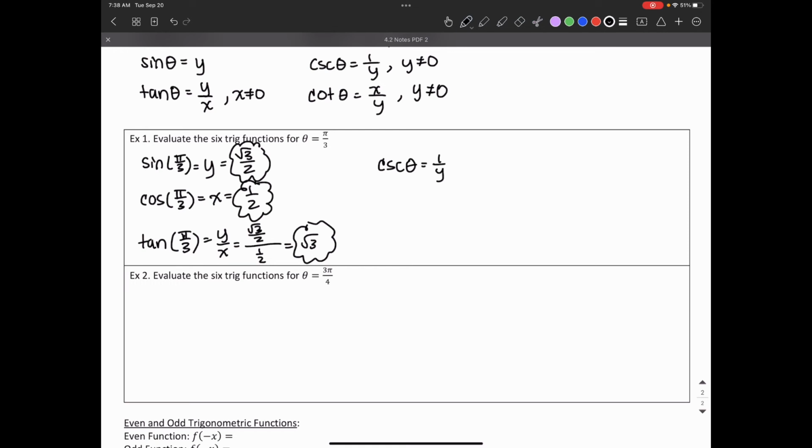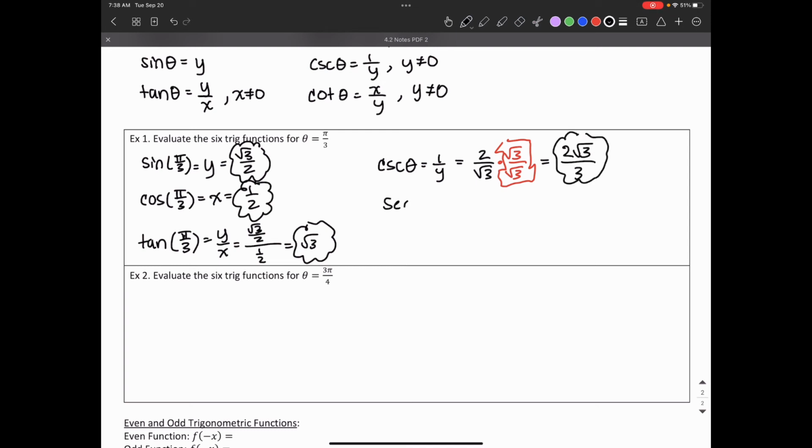So I would just flip this. So I would have 2 over the square root of 3, and then I can't leave a square root in the denominator, so I multiply by the square root of 3 over the square root of 3, a giant 1 that doesn't change the value of that fraction, and I'll have 2 square root of 3 over 3 as my answer.